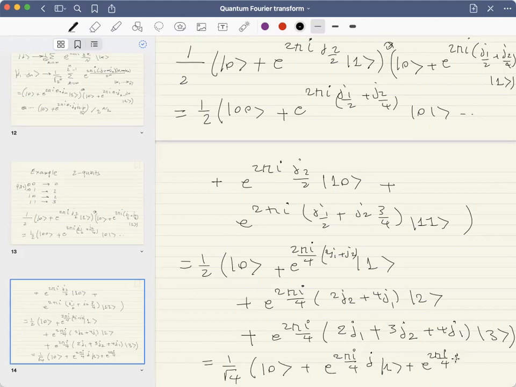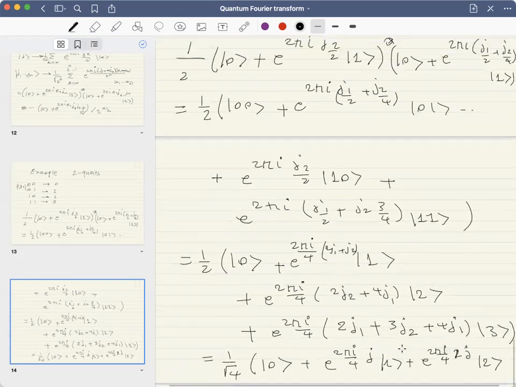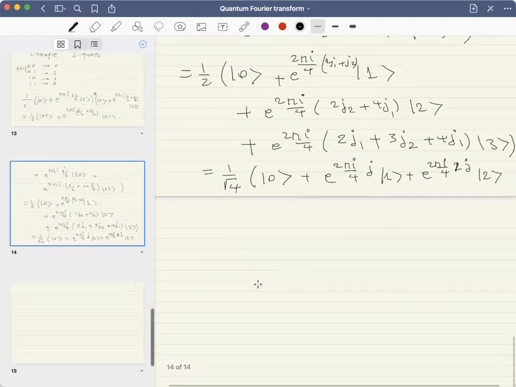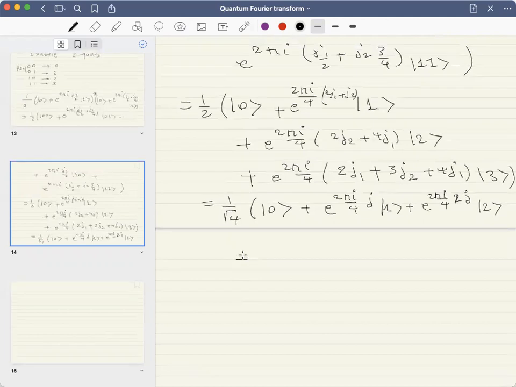So now this is the k equal 2 term, which multiplies state 2. And finally, I have e to the 2 pi i over 4, 3j, right? So this is 3j2 plus 6j1.